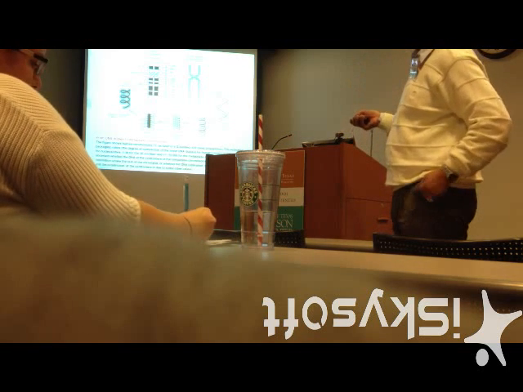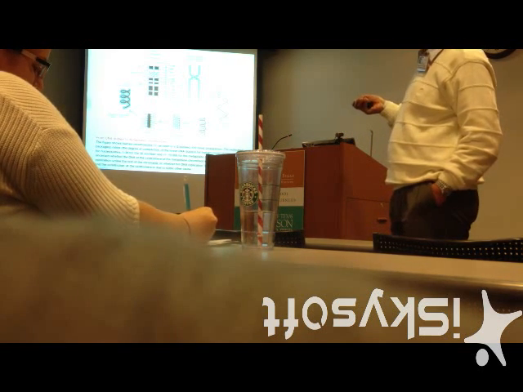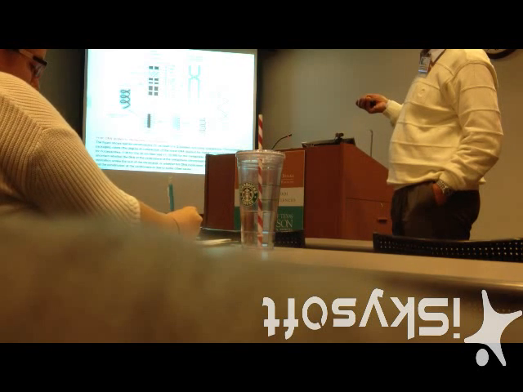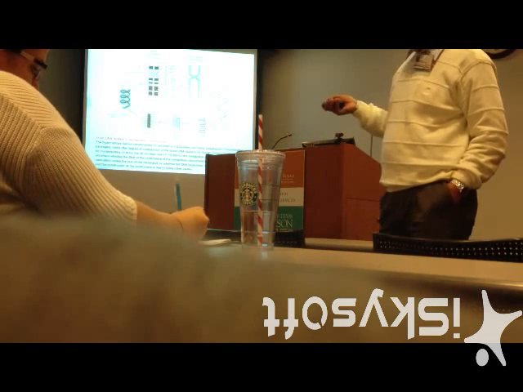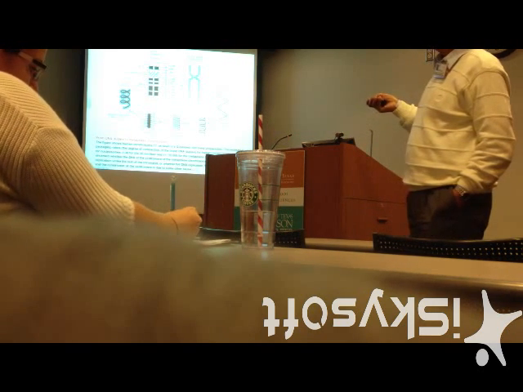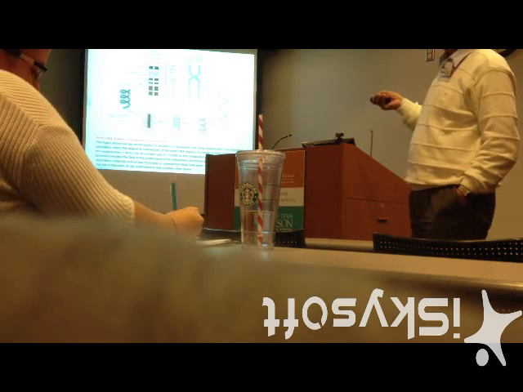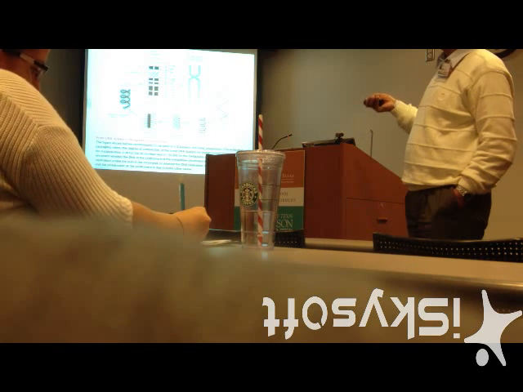Because of this banding pattern, we are able to identify each different segment of the chromosome as discrete units, all right? Typically each of these units is numbered accordingly from the centromere towards the two ends.